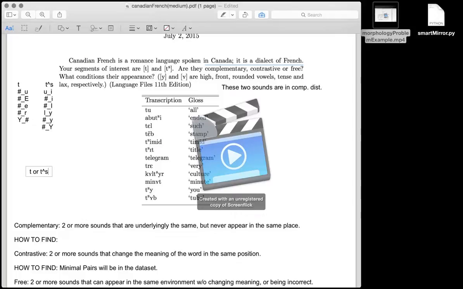One of the easiest ways to find out what the basic form is, is to pick the simpler sound. So this one, ta versus cha, they're both essentially T's, but one of the T's has the special superscript S, so maybe we might say T is the more basic. Or another way is to literally just go through the data set and count them, and whichever one occurs the most, you can say that one's the underlying.